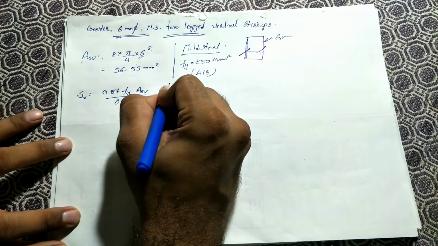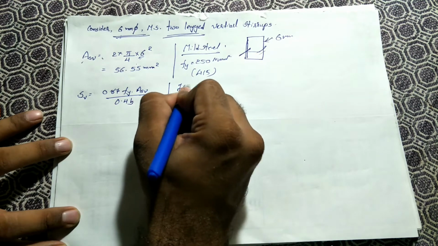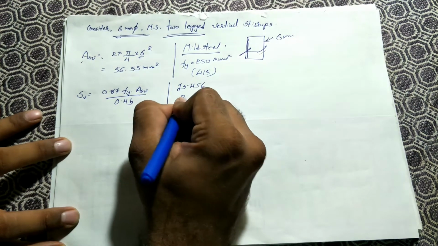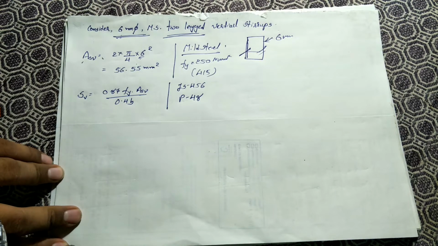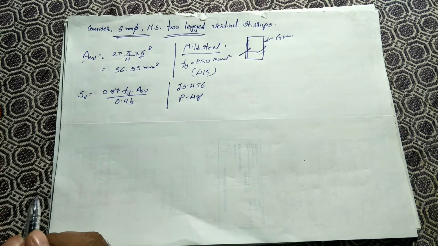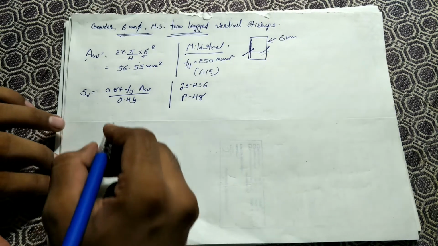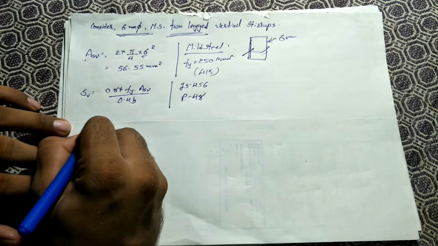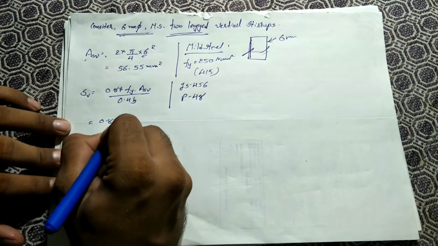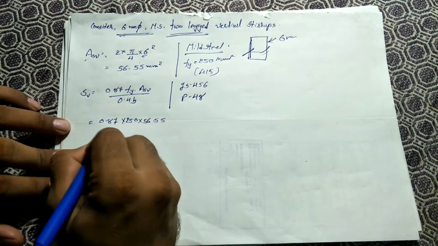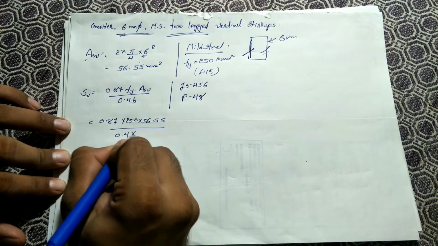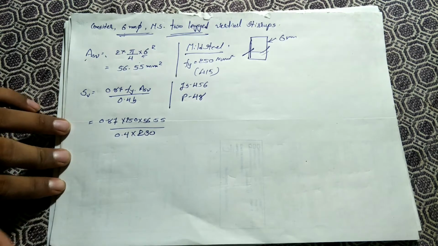This equation is given in IS 456 page number 48. So this is 0.87 into 250 into 56.55 divided by 0.4 into 230.